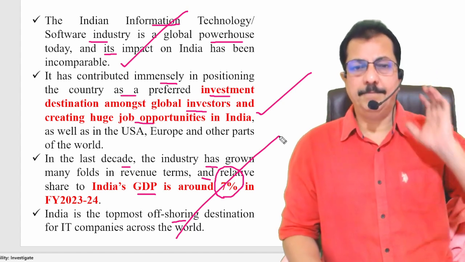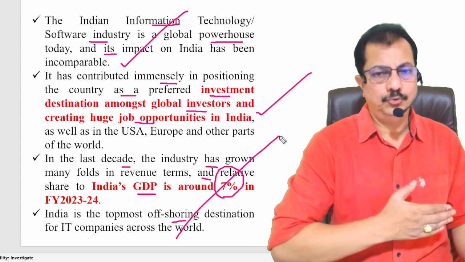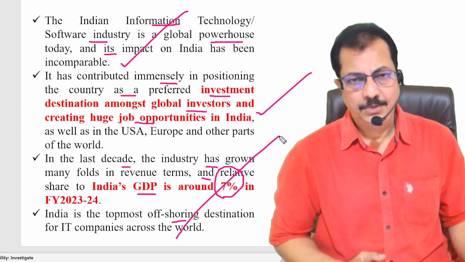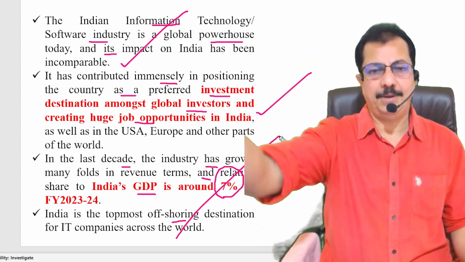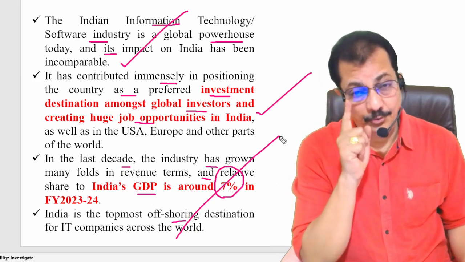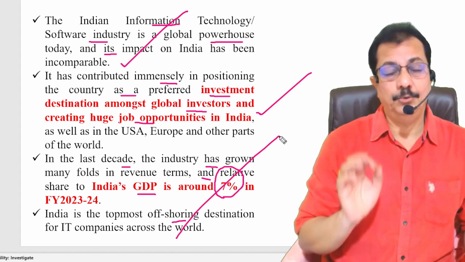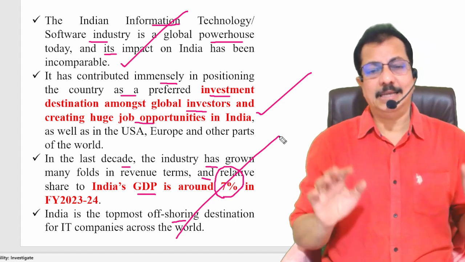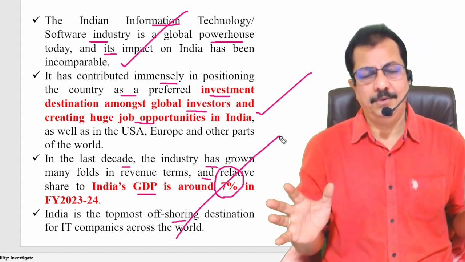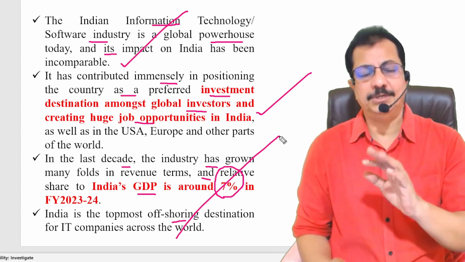Whenever any IT company at the global level wants to spread its tentacles, wants to establish a branch outside their country, they are looking first towards India. That is the beauty of India. India has created and developed lots of infrastructure with respect to information technology.